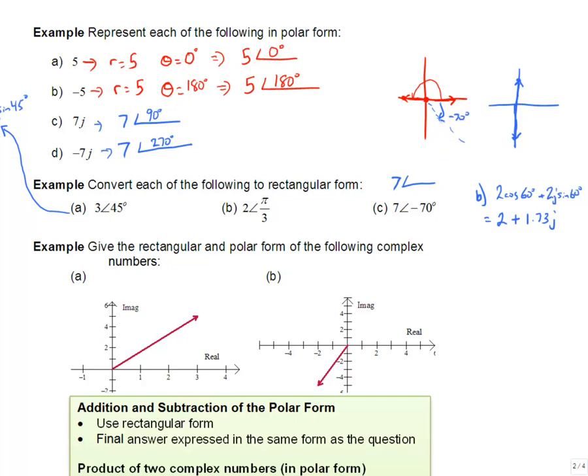So negative 70, we'd have to add 360, and we'd find out that's the same as 290 degrees positive. So both of these are the same. So if we change to the longhand form and stick it on our calculator, we should get the answer 6.95 minus 6.58j. And that's the rectangular form equivalent.